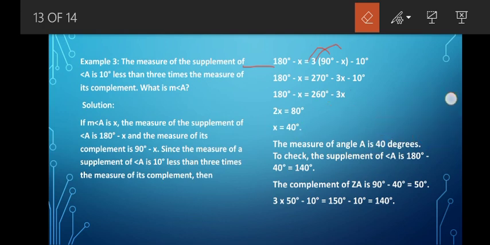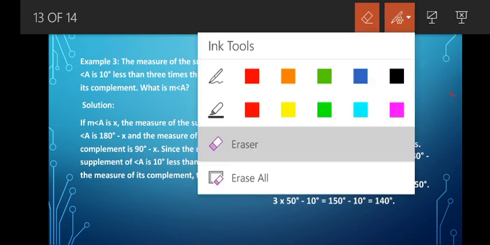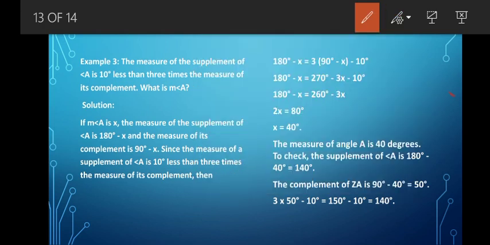Another: paano naging X equals 40? So, simply divide both sides by 2.